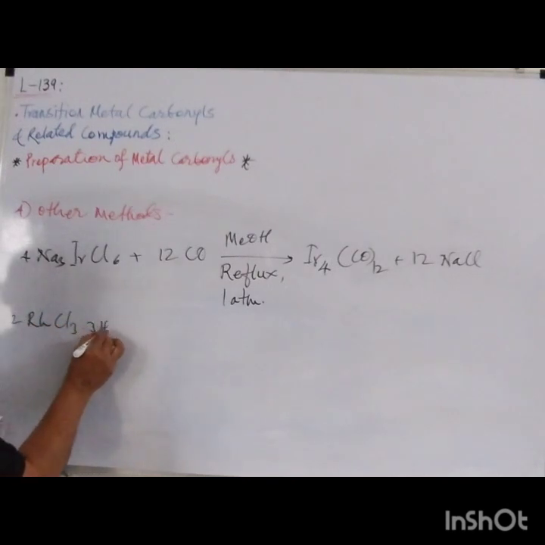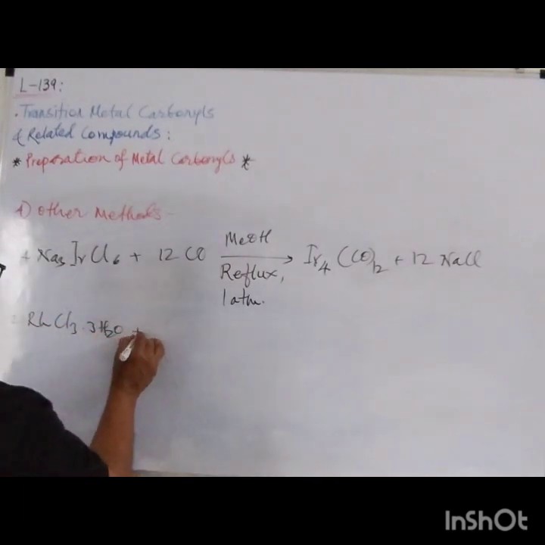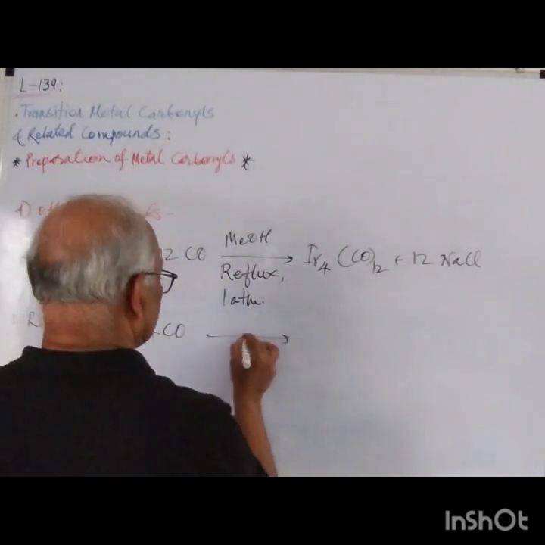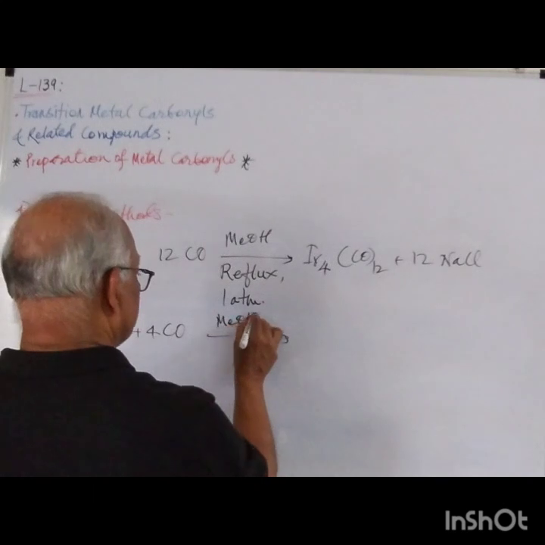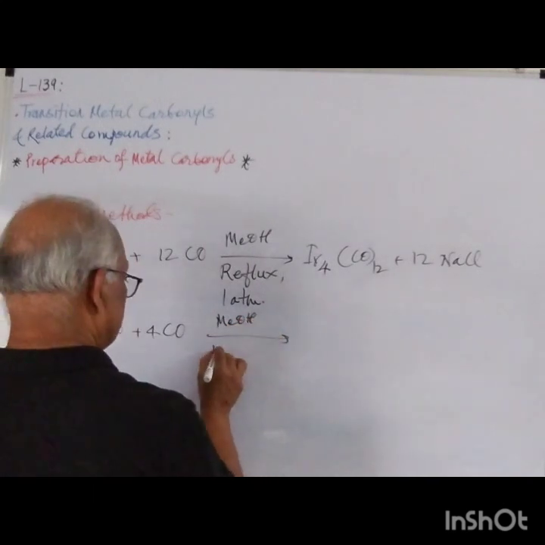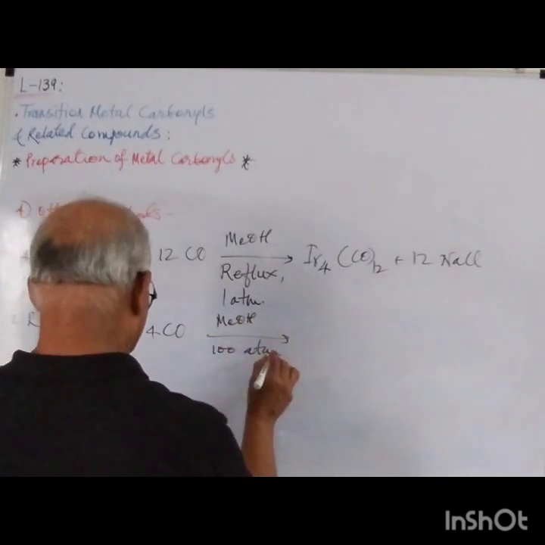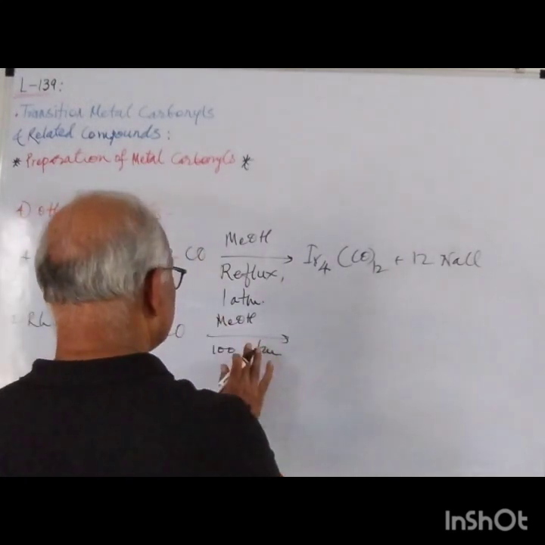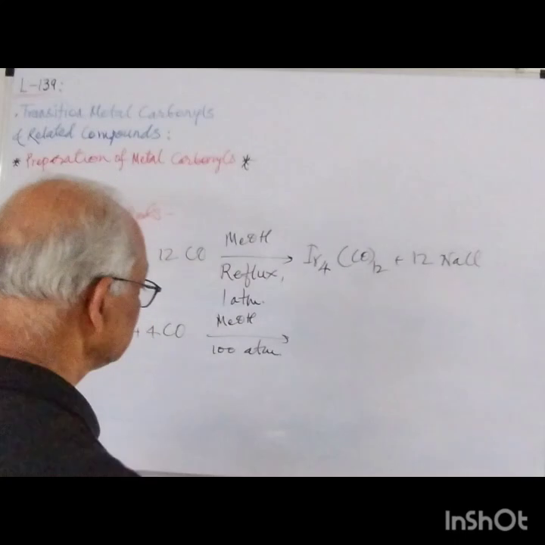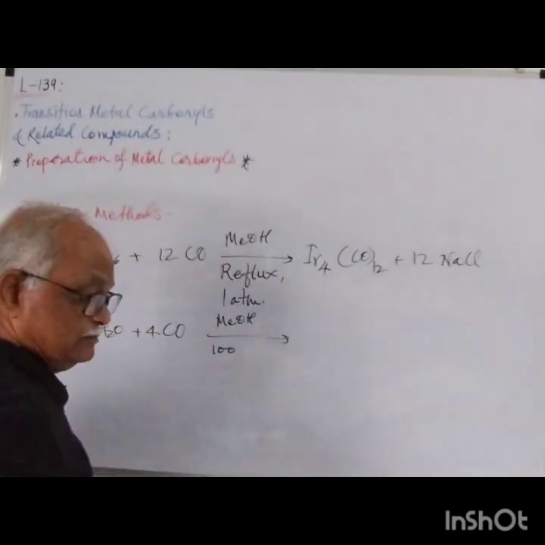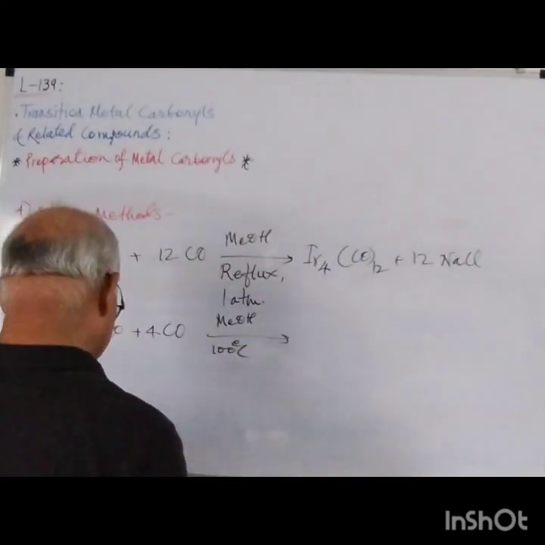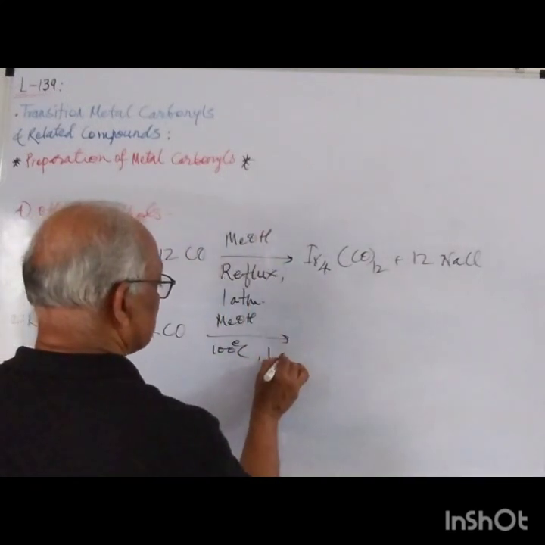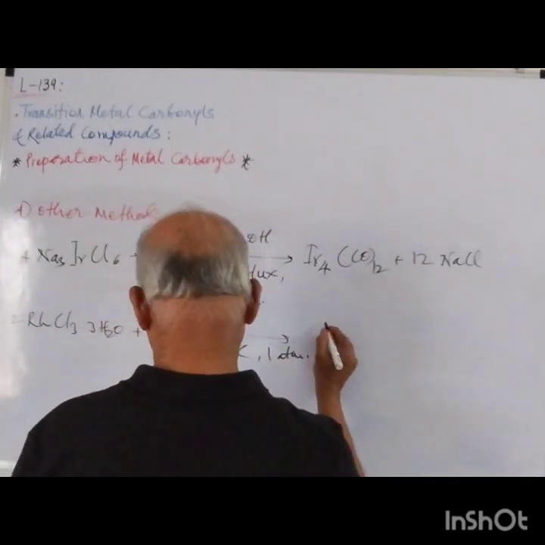Then another reaction in this case is twice RhCl3·3H2O plus 4 carbon monoxide. There we are using the same solvent, at 100 degrees centigrade and 1 atmosphere of pressure.